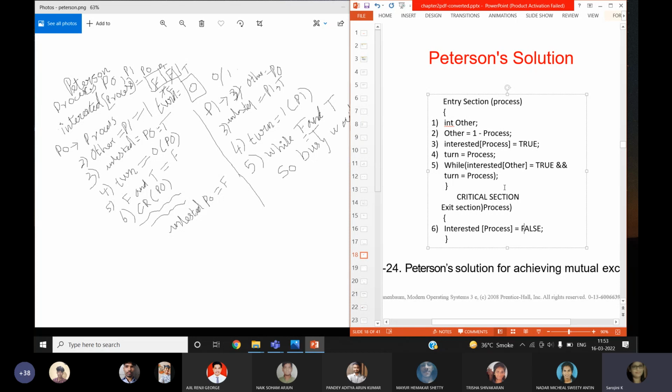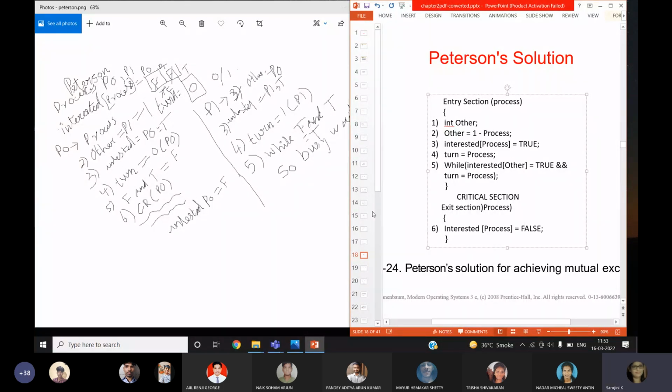That means P1 is not allowed to go inside the critical section because P0 is already there. As P0 is already there, P1 should not be allowed inside the critical section. So here there is a busy wait.